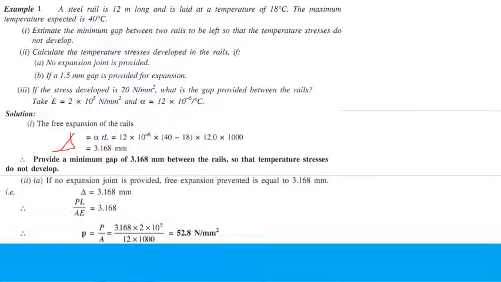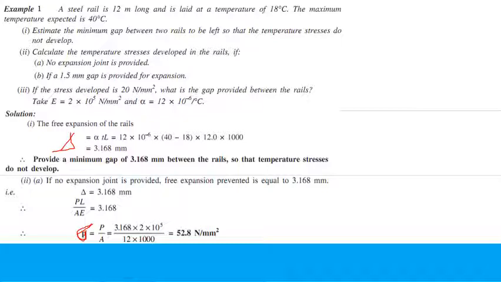The second question: if no expansion joint is provided, the free expansion is prevented, and it is equal to the 3.168 millimeter that we calculated in the previous step. We know delta is PL by AE, and P by A is the stress sigma. So in place of P by A, substitute sigma.